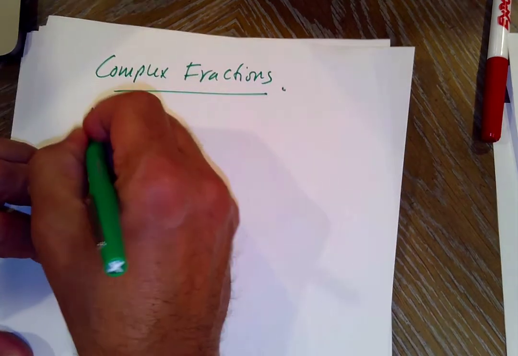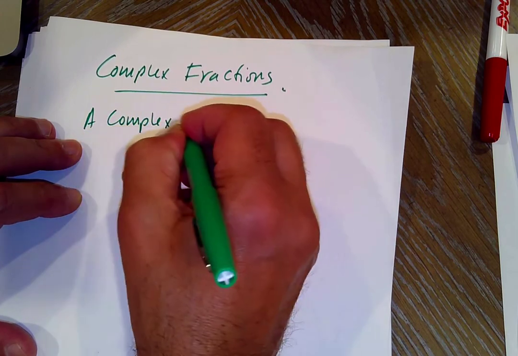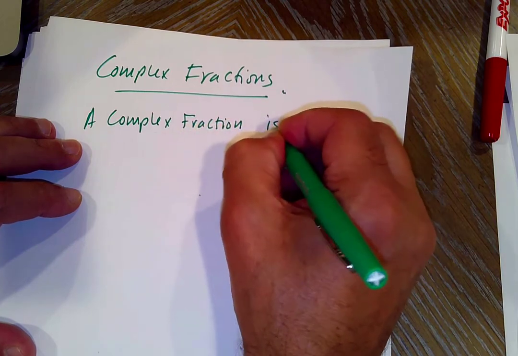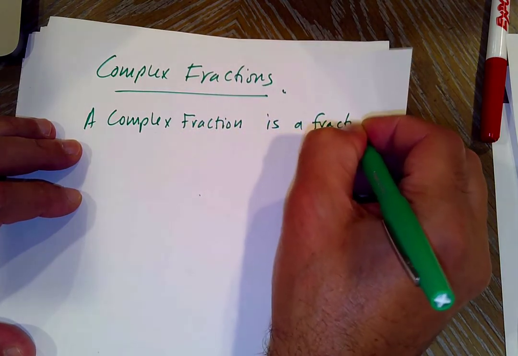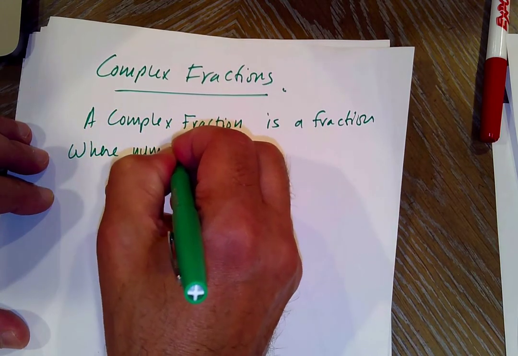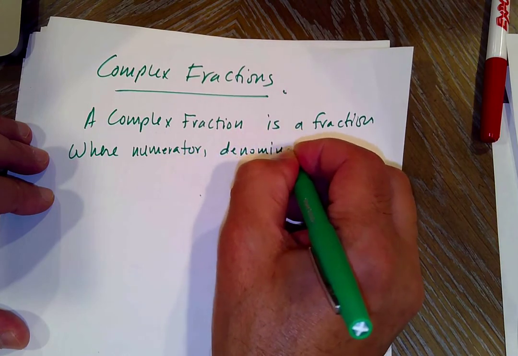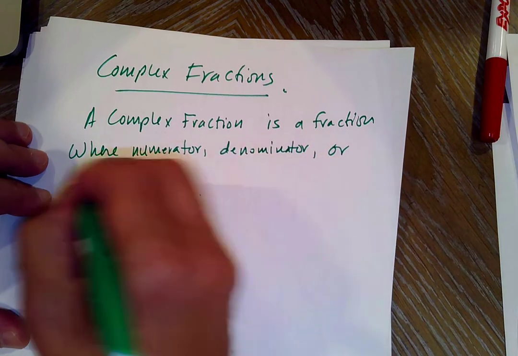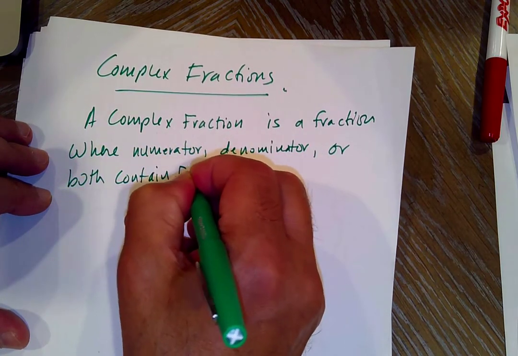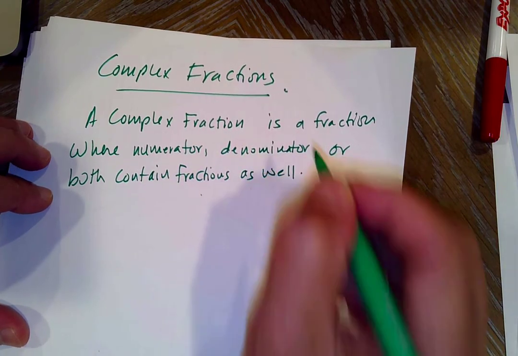So a complex fraction is a fraction where the numerator, denominator, or both contain fractions as well. So it's fractions within fractions.